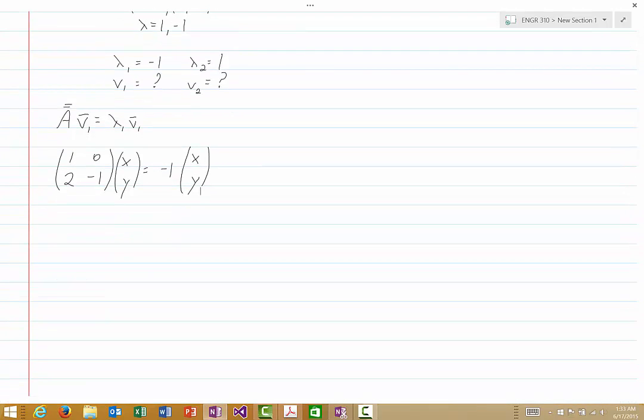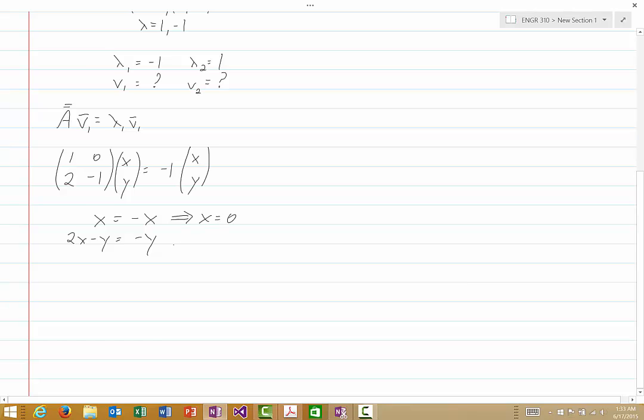And so this gives us x equals negative x, and 2x minus y is equal to minus y. And notice that both of these equations imply that x is equal to 0. So we would choose for v1 the vector 0, 1.